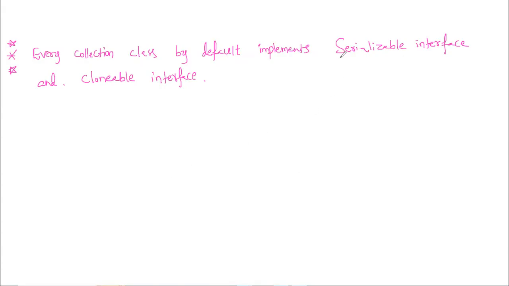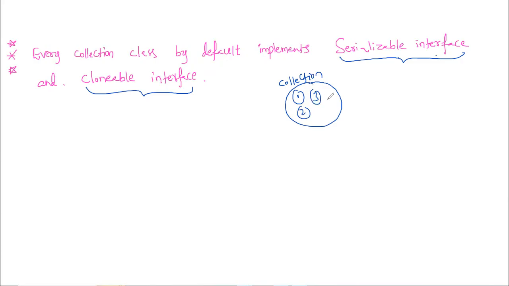What is the purpose of the Serializable interface and also the Cloneable interface? Whenever we have a collection, which is a group of objects together, say object 1, 2, 3, 4, it can be any kind of data.